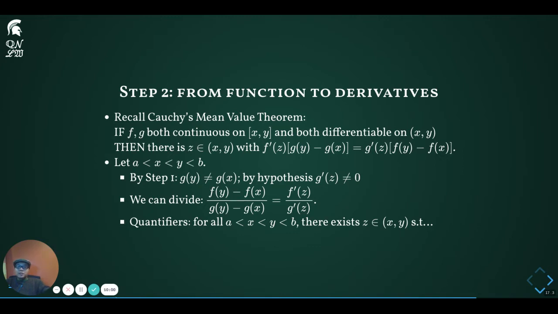Since we know that g is injective by step 1, the difference g of y minus g of x is non-zero. Our hypothesis on g also specifies that g prime is not 0. This means we can safely cross-divide to rewrite the conclusion of Cauchy's mean value theorem in ratio form. This says that the ratio of the total change of f and the total change of g is equal to the ratio of derivatives for some z between x and y.